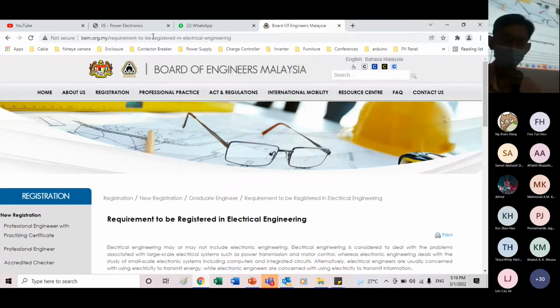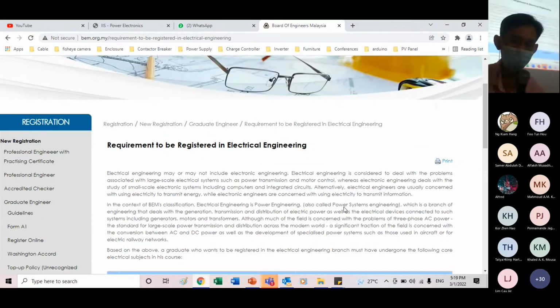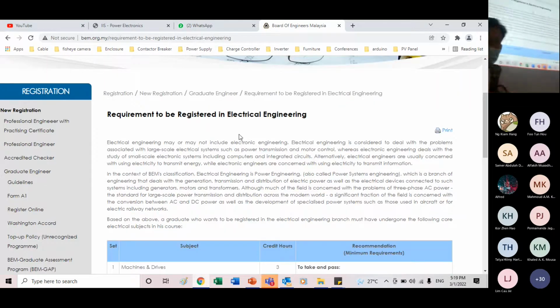And make sure that you register yourself as electrical engineering. There are three choices: electrical engineering, electronic engineering, electrical and electronic engineering. Please don't be greedy to tick electrical and electronic engineering.